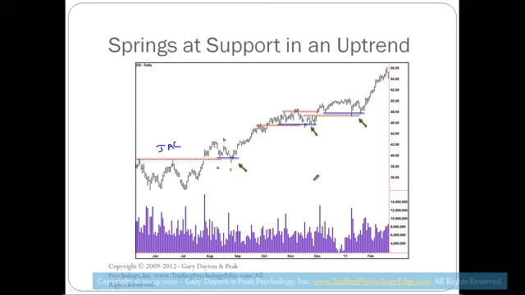Martin asks, is that a spring at the gap up move? Okay, let's see. Wherever you're thinking about the gap, the answer would probably be no, because a gap isn't a swing low.